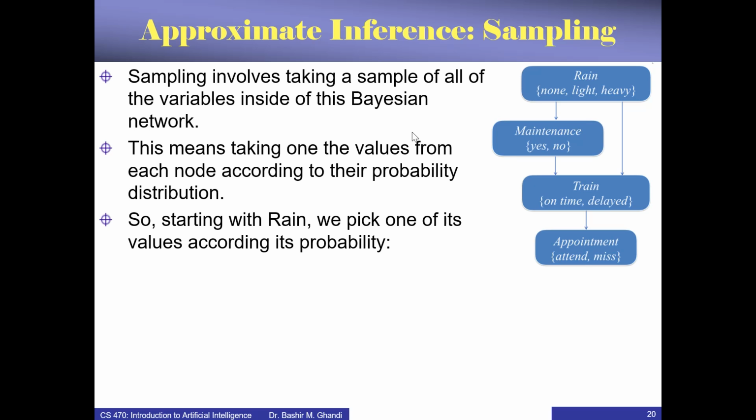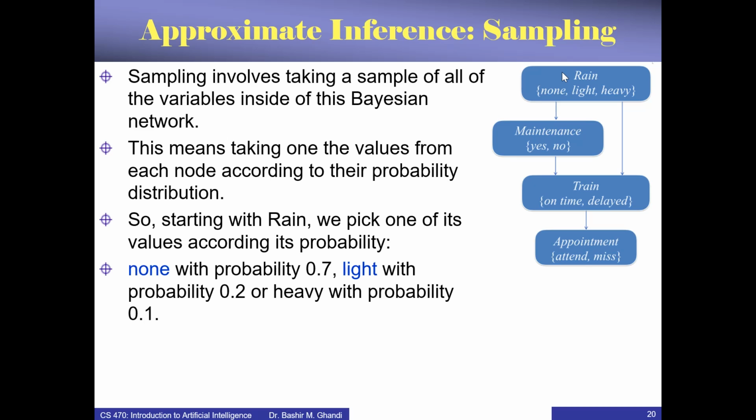So starting from the root node, rain, we pick one of its values according to its probability. As we saw in the last slide, none has probability of 0.7, light has probability of 0.2, and heavy has probability of 0.1.